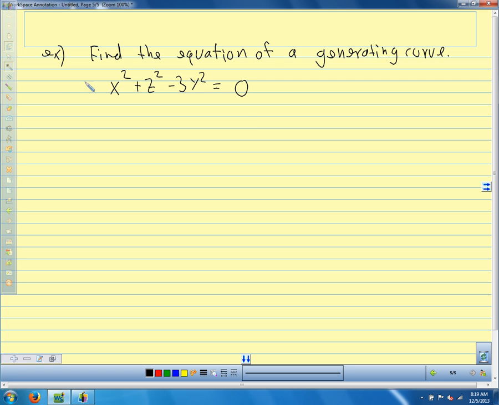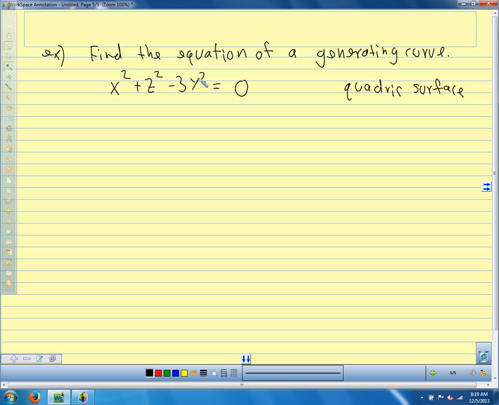Our equation is a second degree equation in each of the three variables. So what do we call that kind of surface? This is a quadric surface. So because we have a second degree equation in each of the three variables, this is a quadric surface.